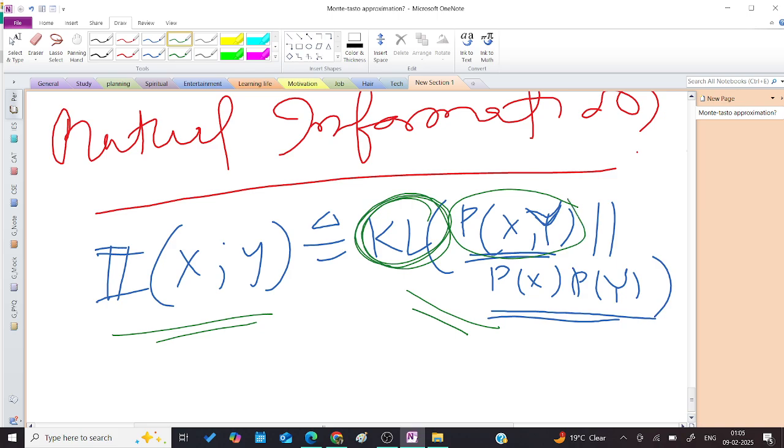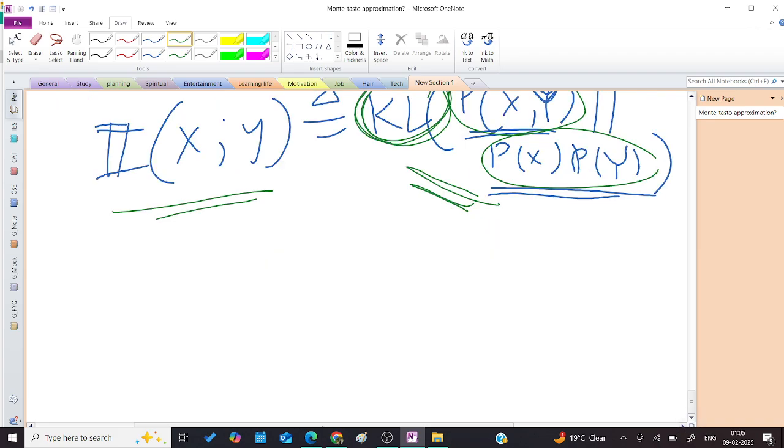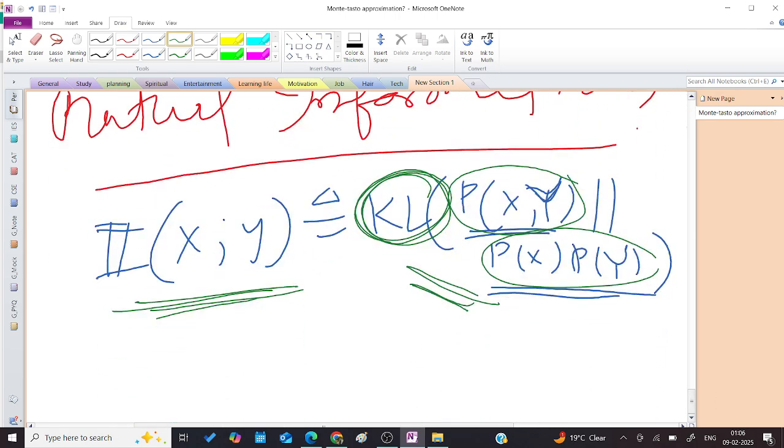If p(x) and p(y) are independent events, then p(x, y) will be equal to p(x)p(y), and then the KL of these two distributions will be 0, and hence the mutual information will be 0.